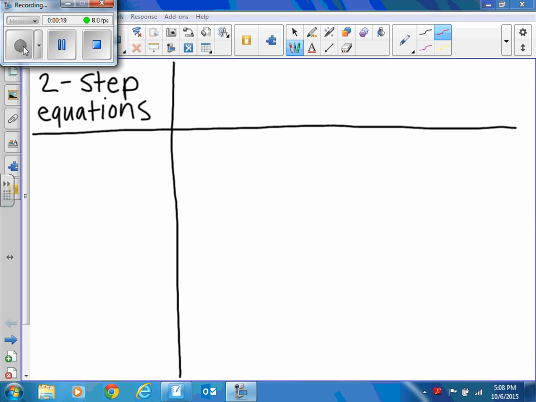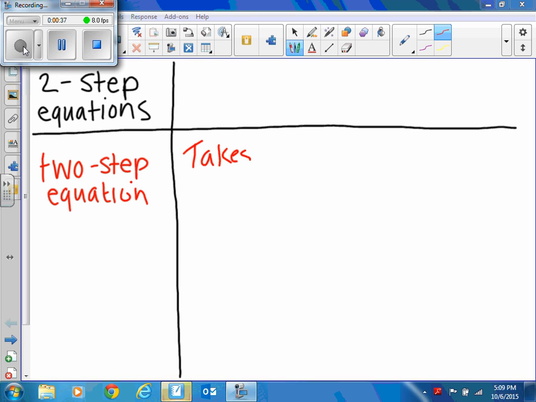So when they say two-step equations, a two-step equation takes two steps, two operations, to reach the solution.